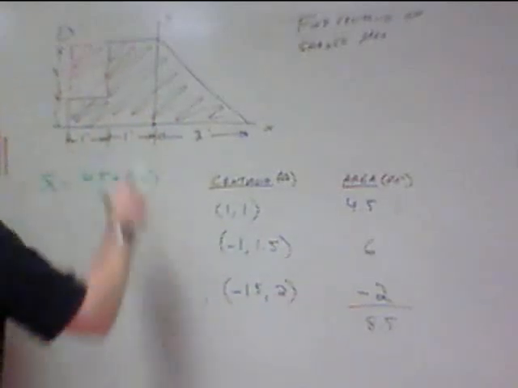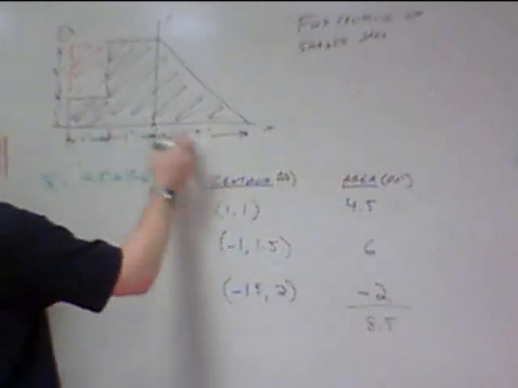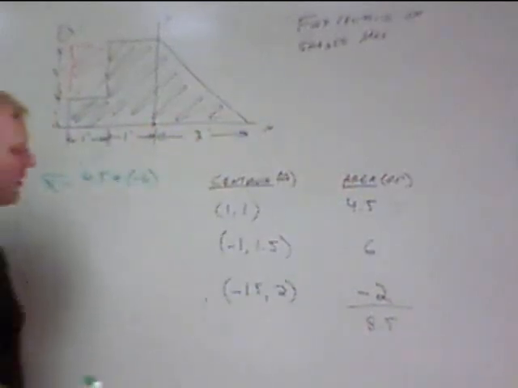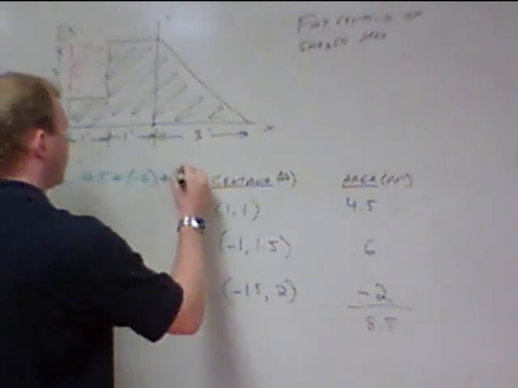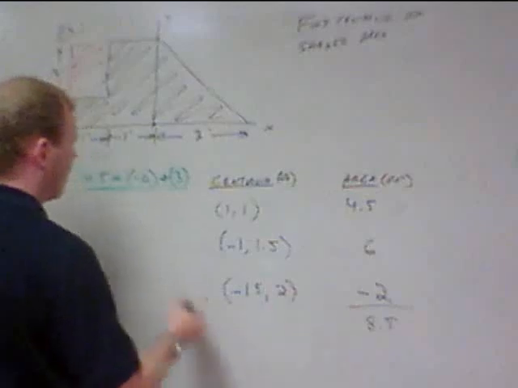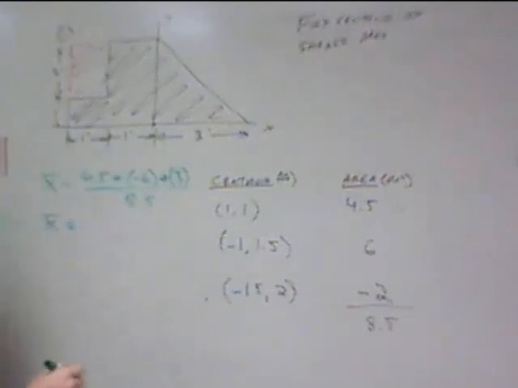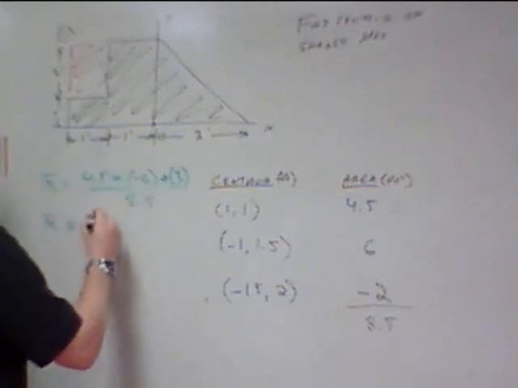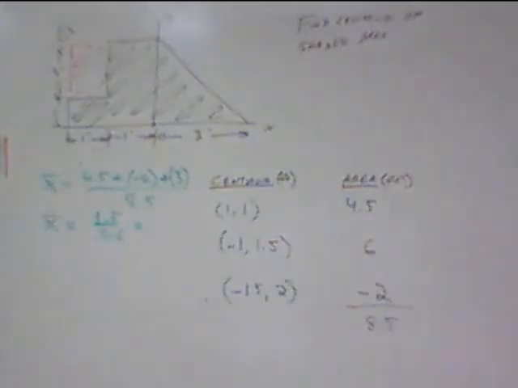Removing area from the negative axis does shift it positive, so it's going to be a positive addition to our x position on our centroid. So negative 1.5 times negative 2 is a positive 3. This all over the total area of 8.5. So the x position here is 1.5 over 8.5, which I don't want to do in my head, is 0.176.